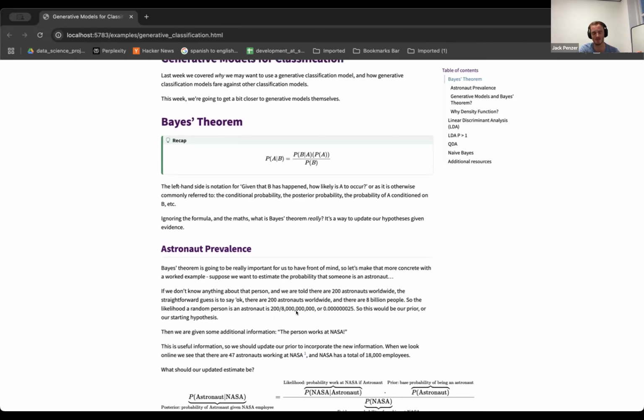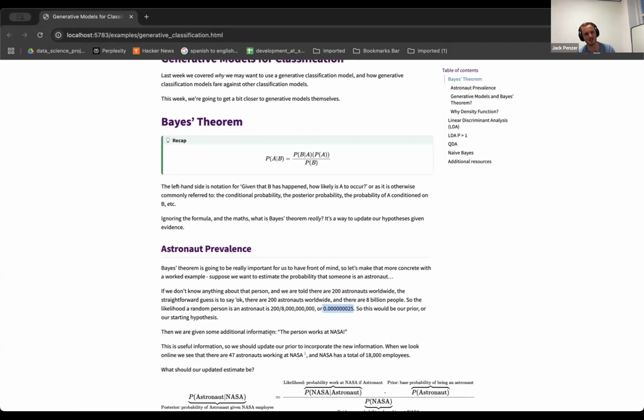And then how many people are there in the world? And then divide and get the proportion of astronauts among people, which is a very small number. And that would be my hypothesis. If I don't have any extra information, that's the reasonable thing, in my opinion, to do.